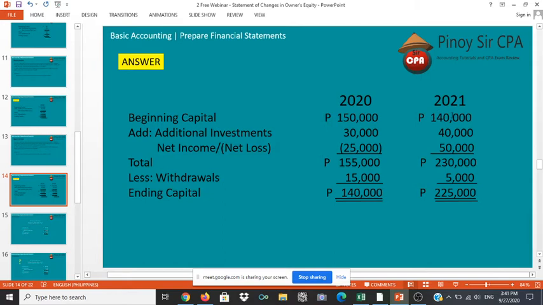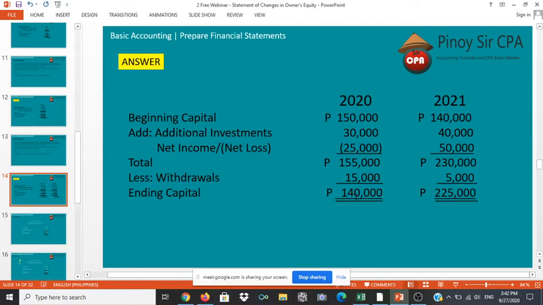So year 2021. Sir, saan mo nakuha yung beginning capital for year 2021? Wala namang binanggit sa problem. That's correct, walang binanggit. Pero, pwede mo makuha. That is the ending capital of the previous year or of the previous accounting period, which is 140,000. Di ba?